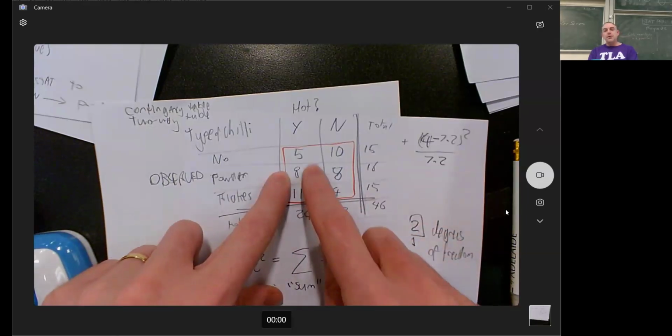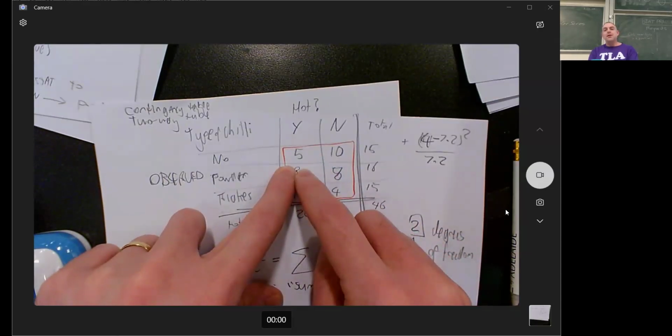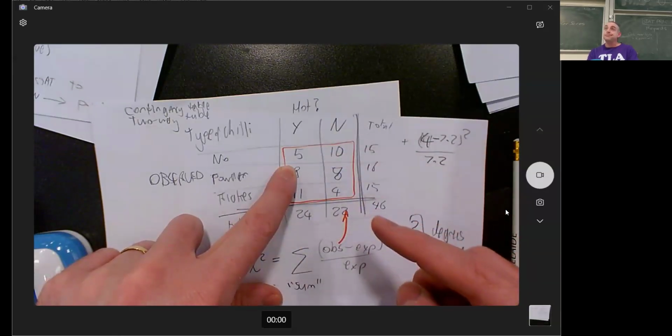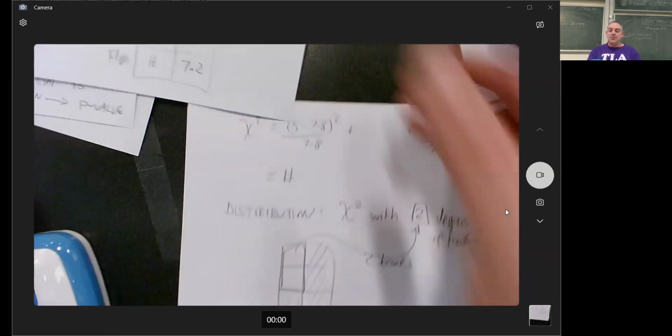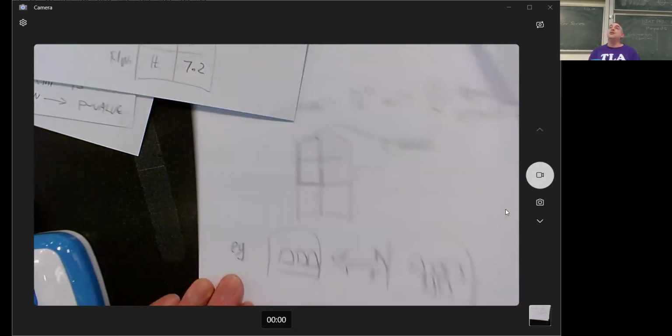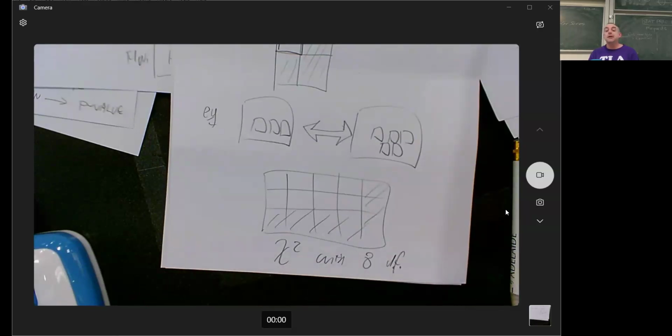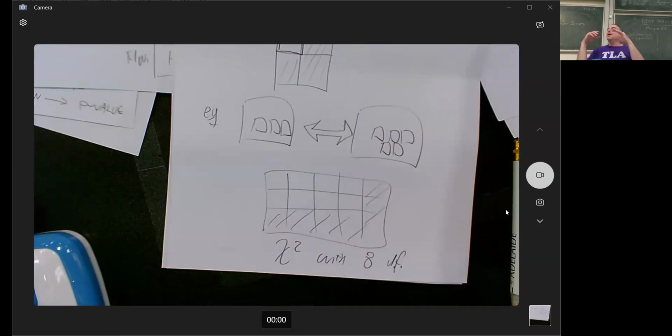If you change this number and this number, then you would have to fill in all of these to keep the totals the same. And so that's how many boxes you're free to change without changing the totals. That's why it's the degrees of freedom. So I don't know if that helps you, but I like the drawing. The R minus 1, C minus 1, and I'm a mathematician and it still confuses me, but this I can do.